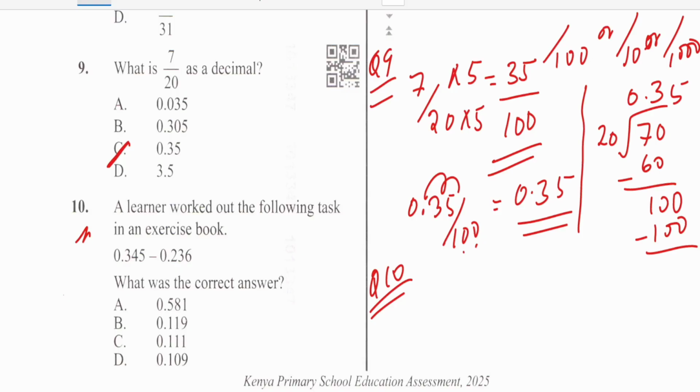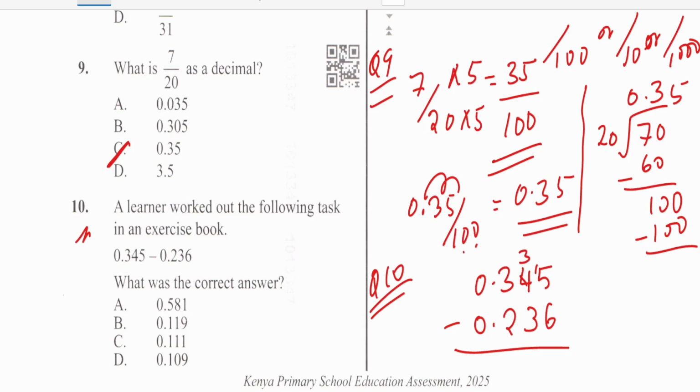Now for you to do an operation like this, you need to write it in order. So you write 0.345 like this, and then 0.236 below it, starting with 6 here, then going to 3, 2, this way, and then subtract. So obviously 5 minus 6, you can't subtract 6 from 5, therefore borrow 1 from 4, leaving a remainder of 3.